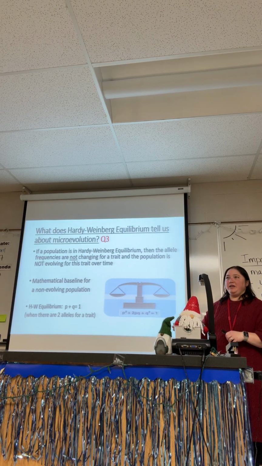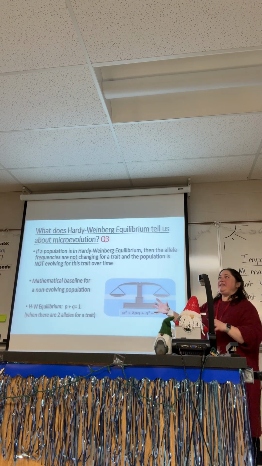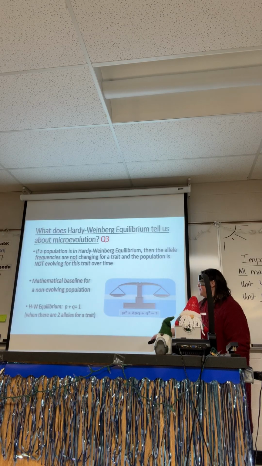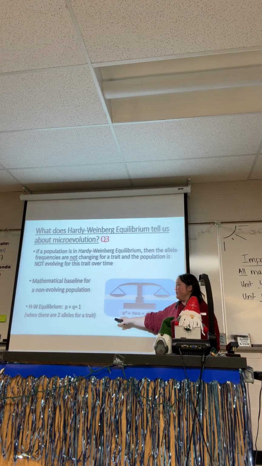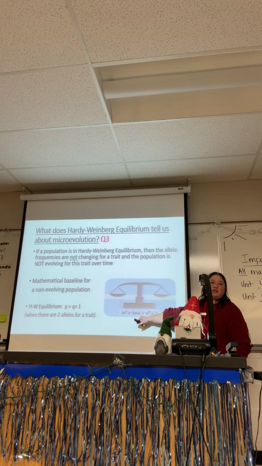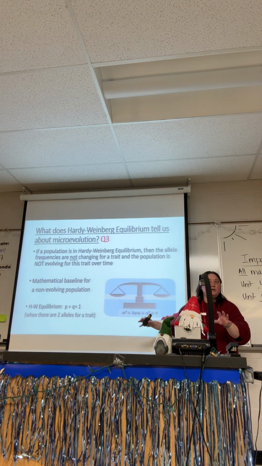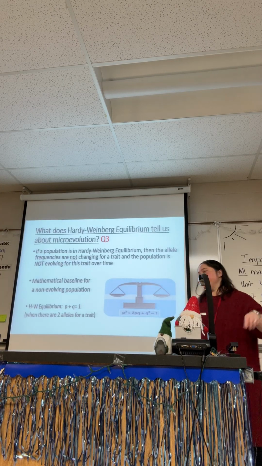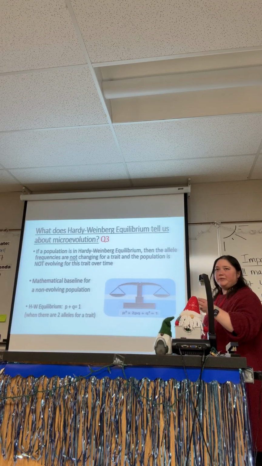If the number of p alleles and the number of q alleles balance out, then we're in equilibrium. The equation itself: p squared would be homozygous for one of the alleles. The 2pq would be heterozygous, so a capital and a lowercase letter when we think of it in those terms. And then q squared would be homozygous for the other allele, maybe the recessive one at that point.